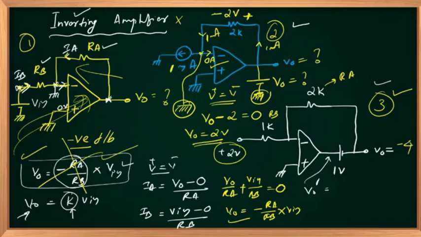By using this formula, you will have a doubt whether the same formula is applicable to the circuit, because that circuit has an extra DC source. For that, you should look at the circuit in different ways. In the second case, you got 2 volts because the current flowing through this branch is 1 milliampere, and that current creates a voltage drop of 2 volts, and that will appear here.